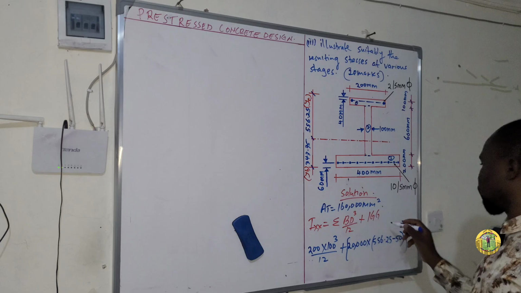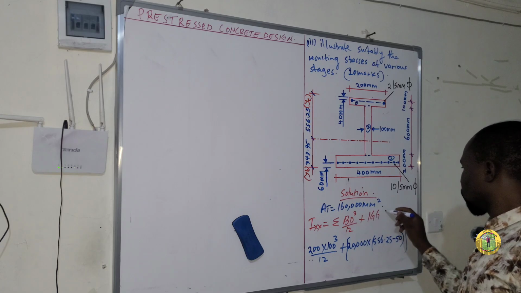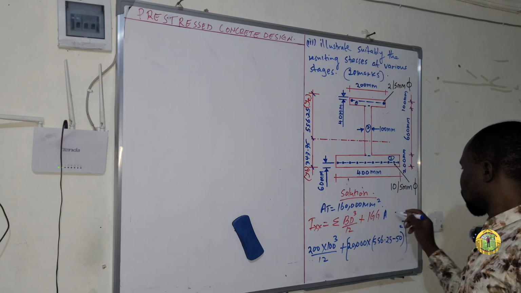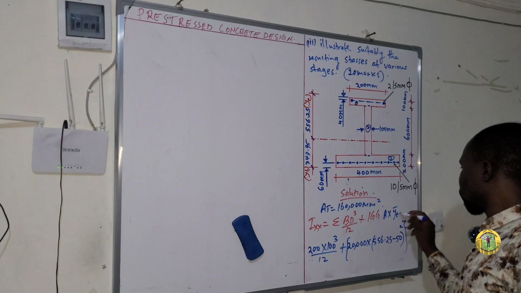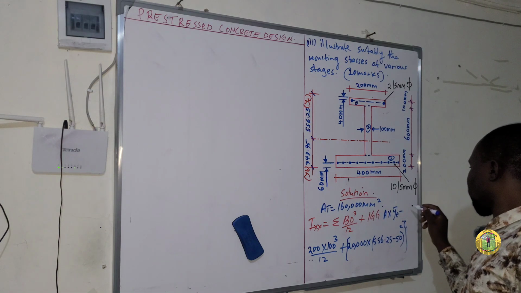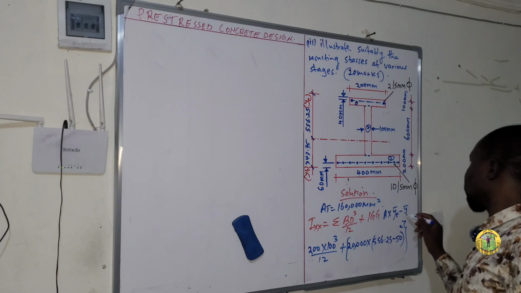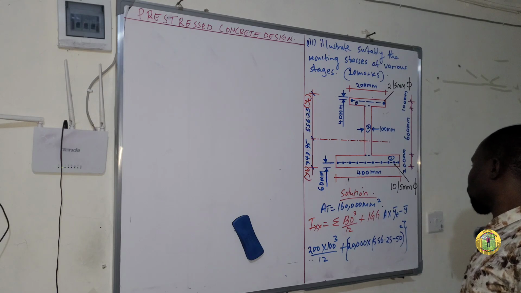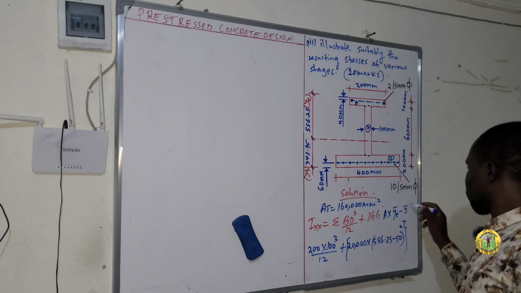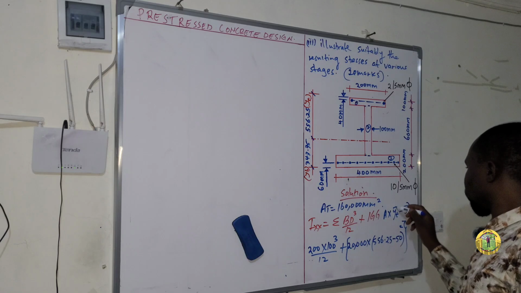In other words, IgG is equal to area times y bar top minus the y bar of the figure you are considering, and then you square.